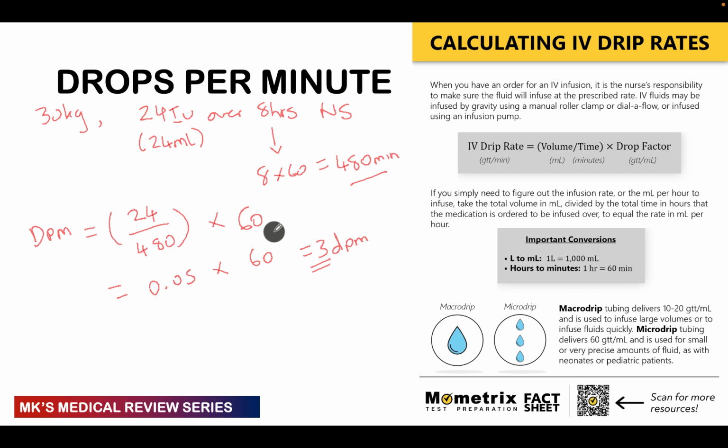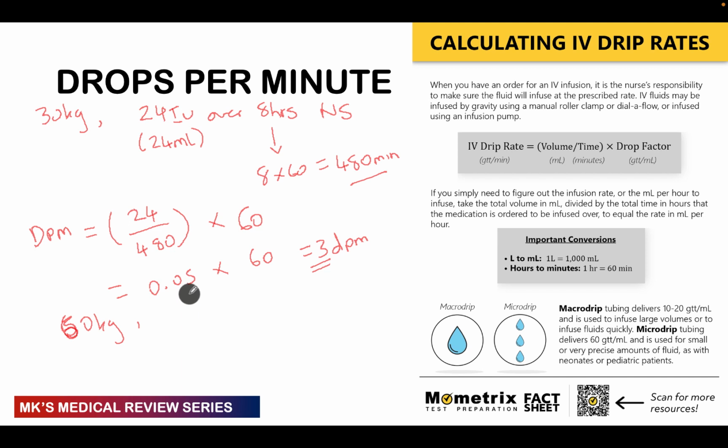So I'll give you another example of a person that's weighing significantly more. Let's say this person is weighing, for example, 60 kg, for some reason. They come in and they're in DKA.